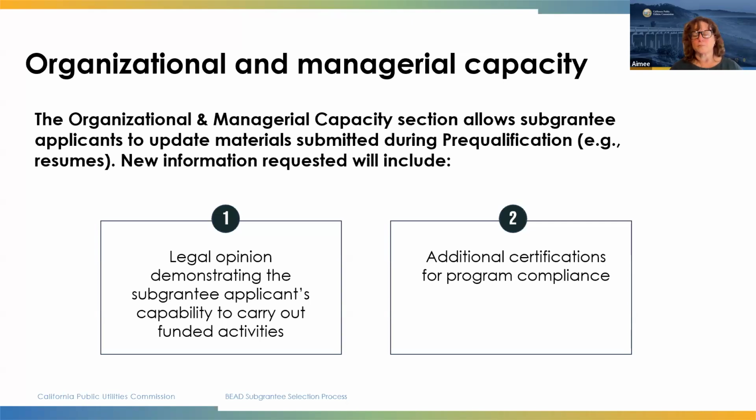Really, again, it's a minimum criterion in order to have a broadband award. What is new, though, is additional certifications for program compliance, while a legal opinion is not going to be required until later.